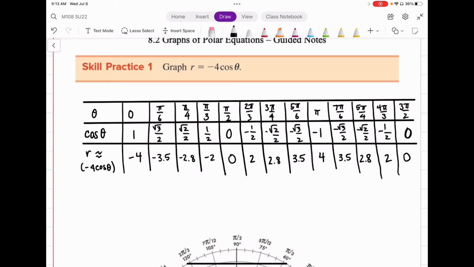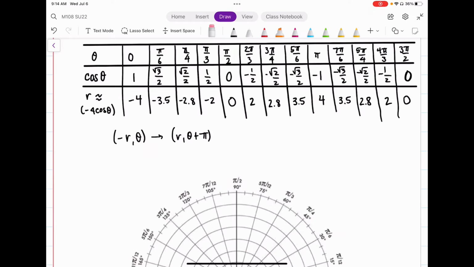Now remember, when you have a graph of -r at theta, it's actually r at theta plus pi that we are graphing. For the first point that we are given, that is -4, 0, that is the same thing as +4, 0 plus pi, or +4, pi.